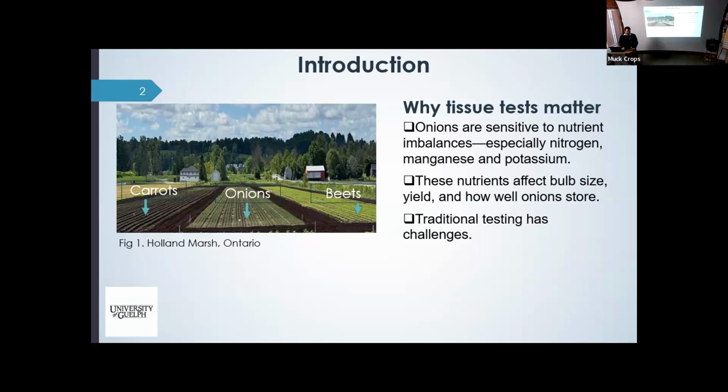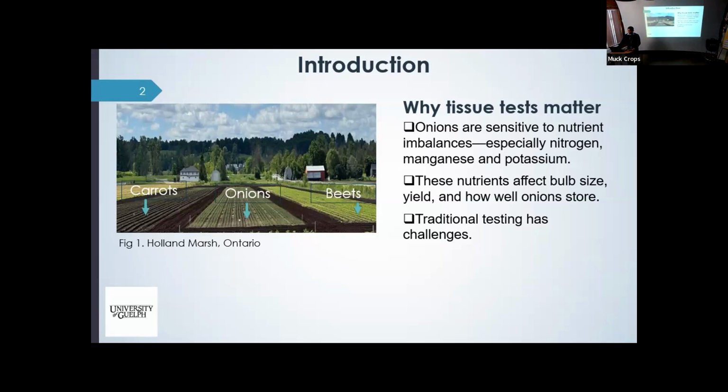And for most of you here that are onion growers, you would know that onion is a very tricky plant when it comes to nutrients. Any imbalance in the nutrients that onion is absorbing could lead to significant yield losses or even poor storability of the onions.